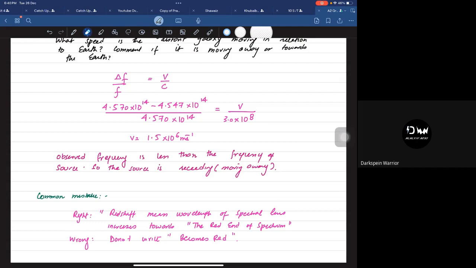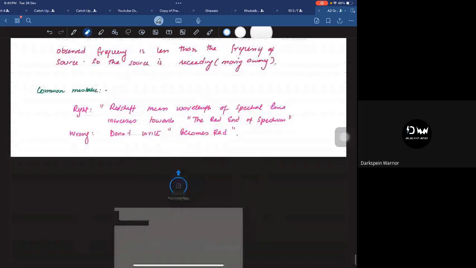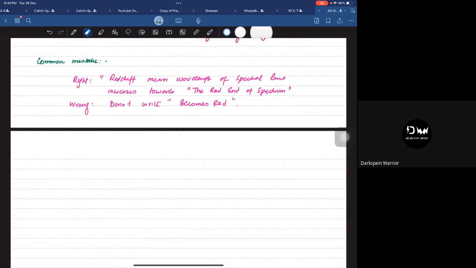Now, why are we studying redshift? What is the use of this in today's world? The biggest thing that we need to focus on is that it is evidence of an expanding universe. So let's write that.